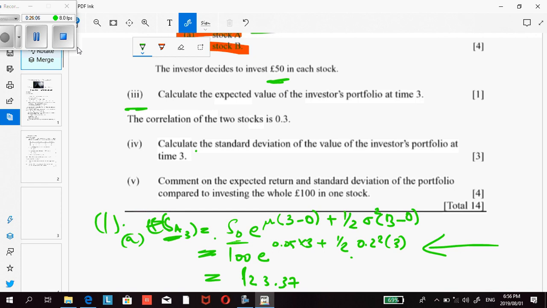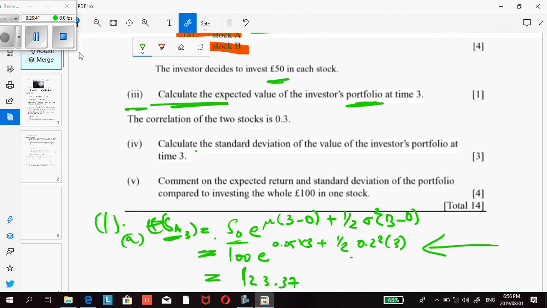Now the first part here says calculate the expected value of the investor's portfolio at time 3. Now this is portfolio theory because they are talking about the portfolio and they're looking for the expected value. And even more easy here, we have got two stocks. So our expression for the expected value and the variance won't be difficult.